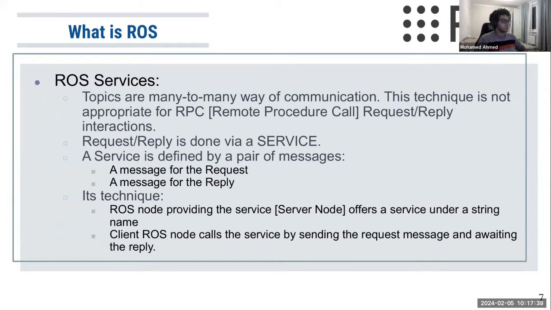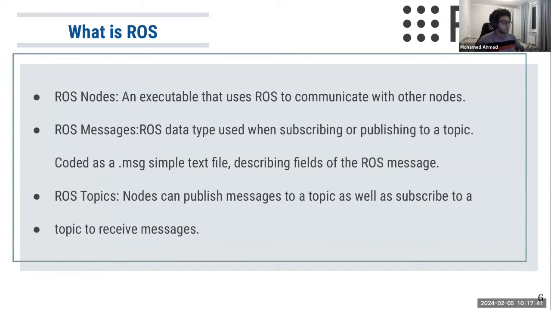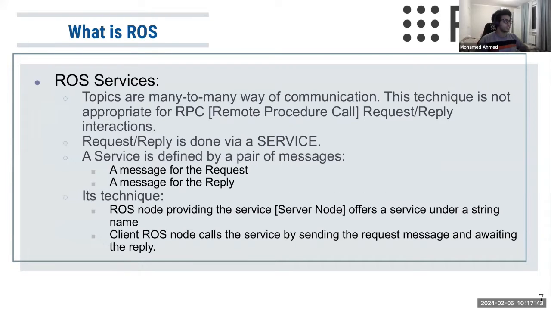So what is a ROS service? We talked about ROS topics, but what is a ROS service? We'll talk about this in more detail later, but what is the difference between ROS services and ROS topics? Topics are a way of communication between nodes, but they send messages all the time.